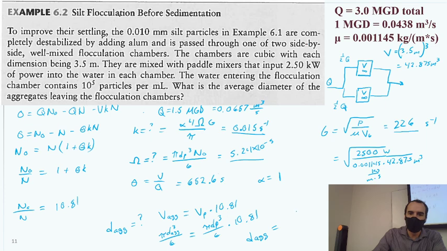That's going to be d aggregate cubed is equal to dp cubed times 10.81, so d aggregate is dp cubed times 10.81 to the 1/3. Yeah, that's all it is.